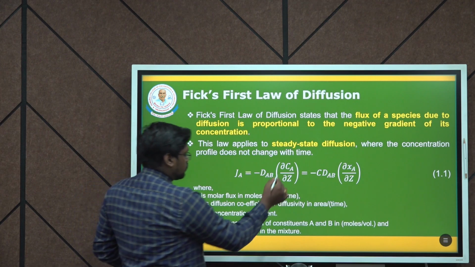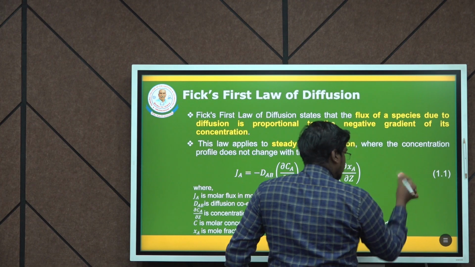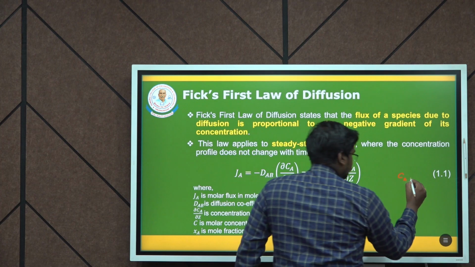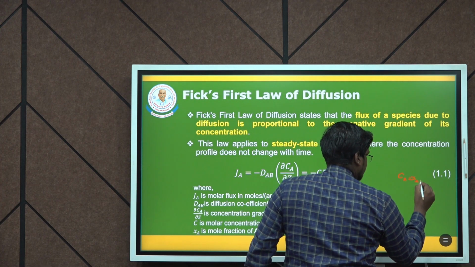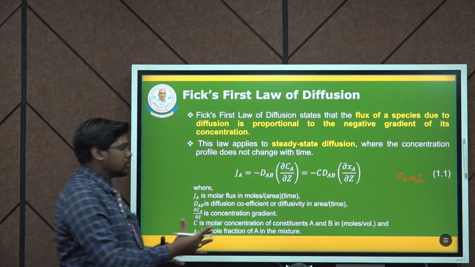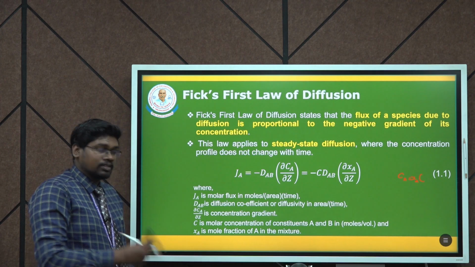So this dou Ca is the concentration of the species A. So Ca can be given as Ca is equal to Xa into C. C is the total concentration of the species that is present, and Xa is the mole fraction of A that is present in the mixture.